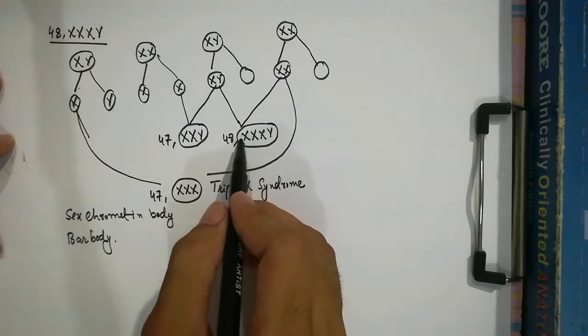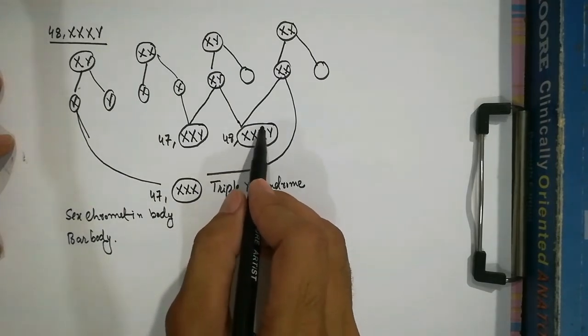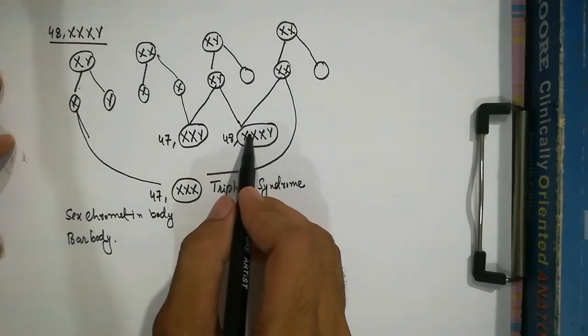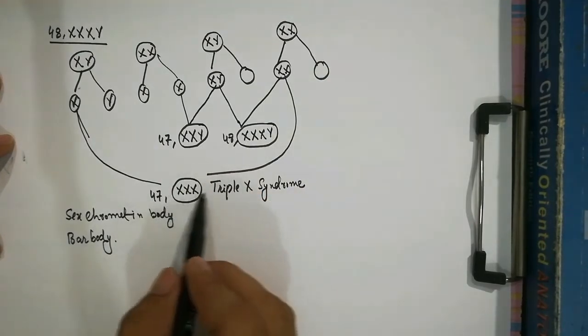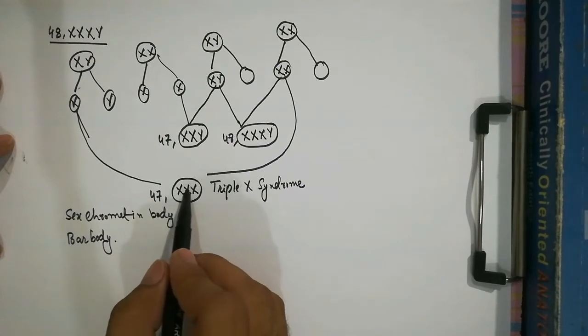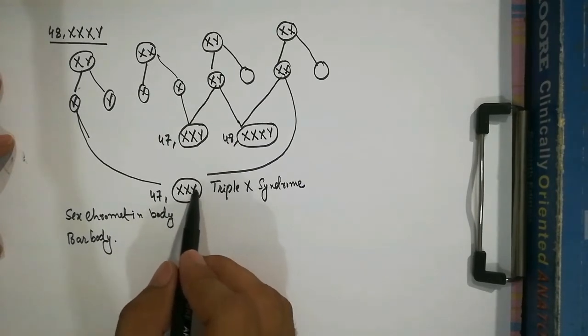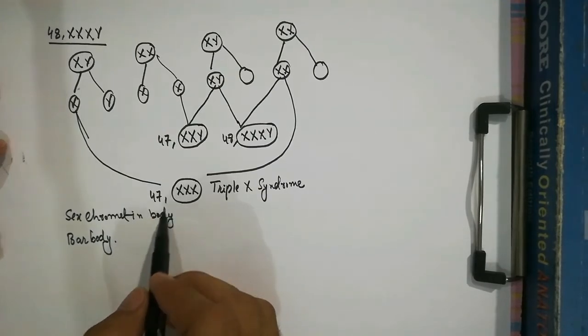In this case, one X chromosome remains active and two remain inactive, meaning two bar bodies are present. And in triple X syndrome also two bar bodies are present because one X chromosome is active and two are inactive and condensed.